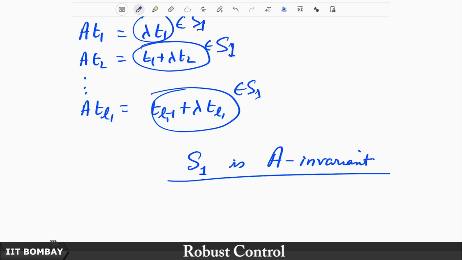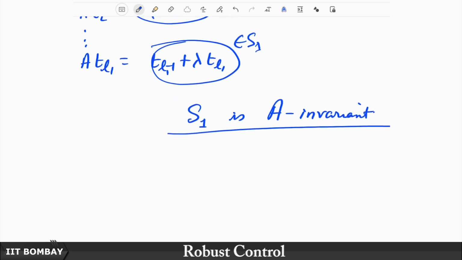In fact, I can now take the first two Jordan blocks and take any vector that belongs to this particular subspace.